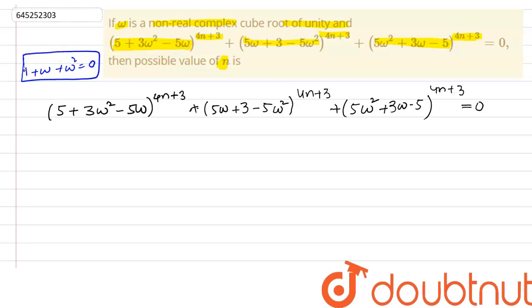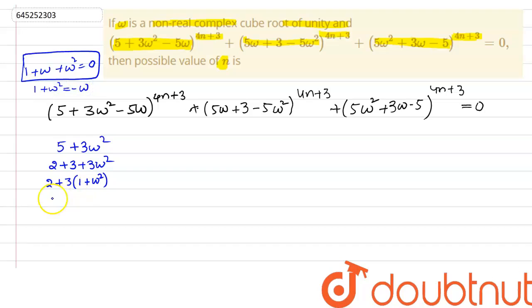Let us see here what we have. Here this is 5 + 3 omega square - 5 omega. Now let us take 5 + 3 omega square. We can write this as 2 + 3 + 3 omega square. If we take 3 common, we get 2 + 3 (1 + omega square). What is the value of 1 + omega square? It is nothing but, if omega goes to the other side, 1 + omega square is equal to minus omega.